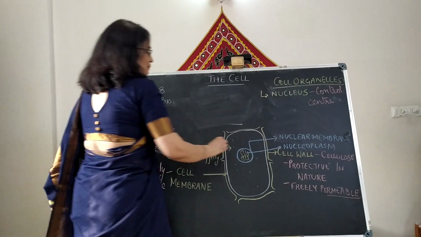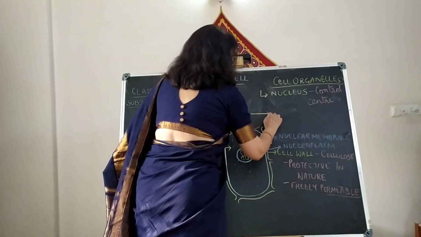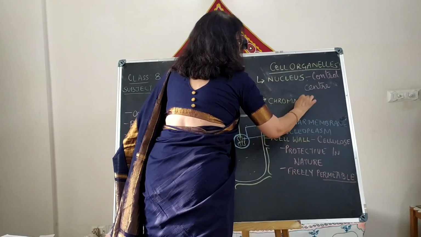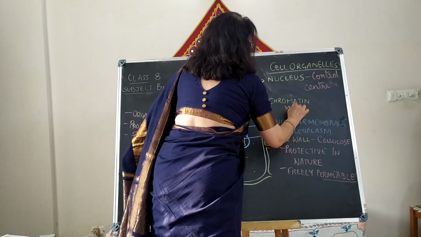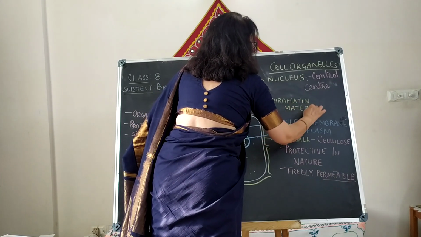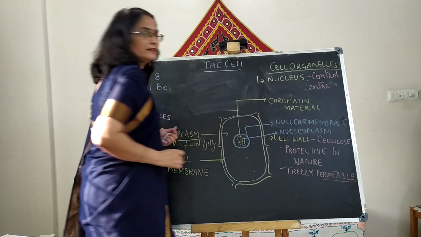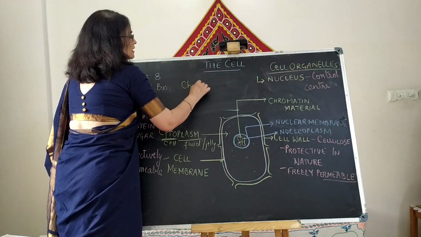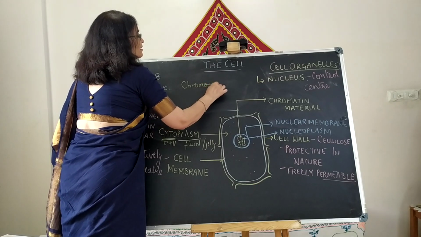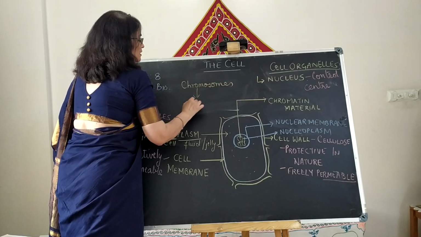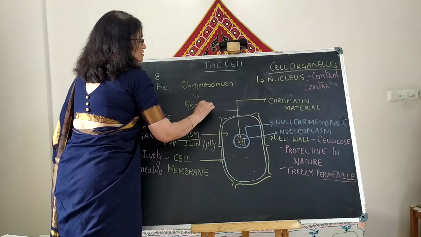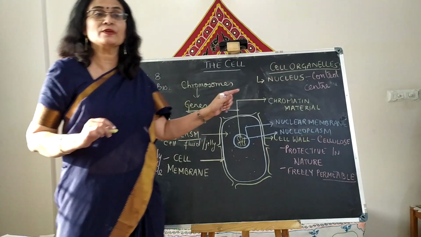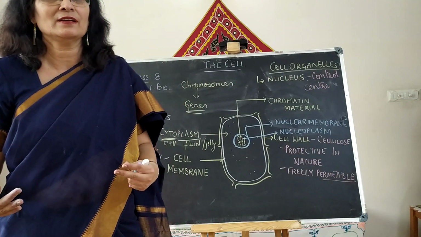Now what is this chromatin material? Chromatin material is actually a lot of chromosomes that are present. And you must have heard the name genes, not the jeans that you wear, but the genes being the hereditary material.